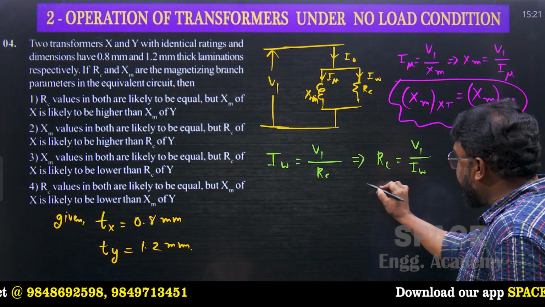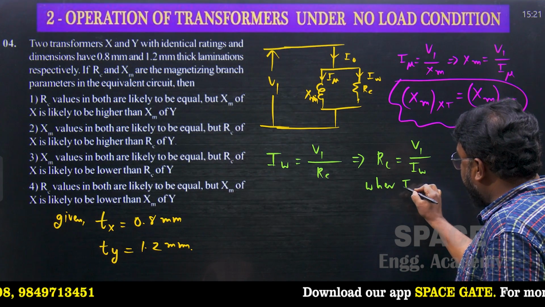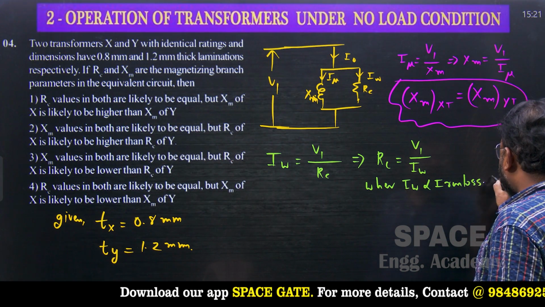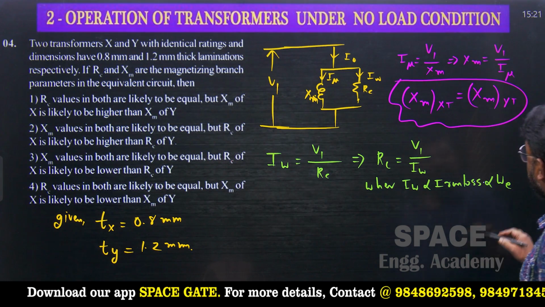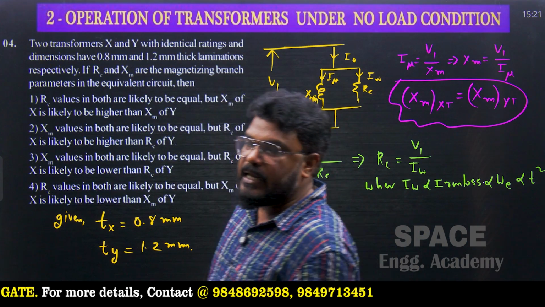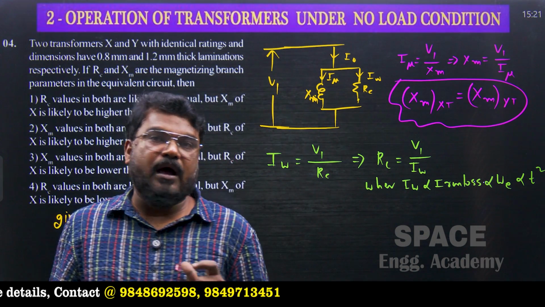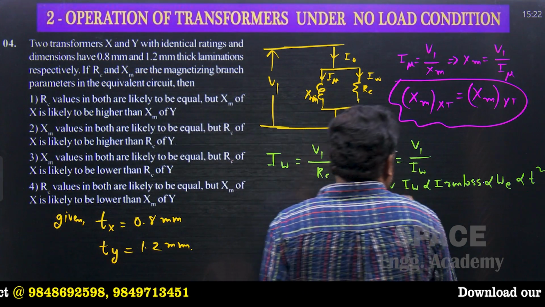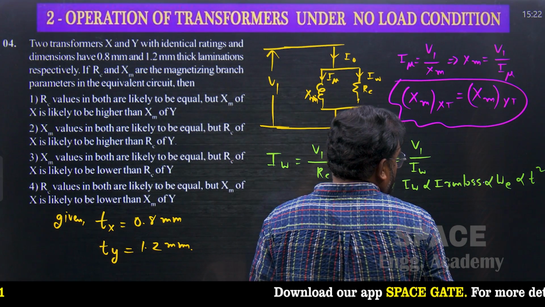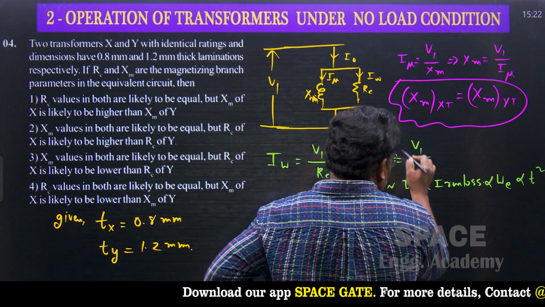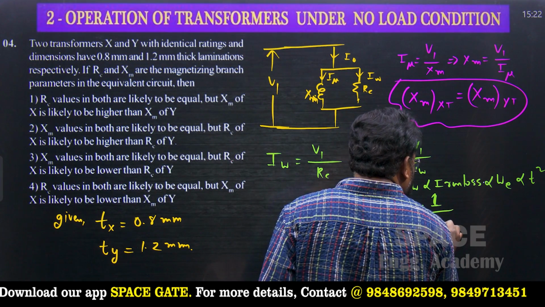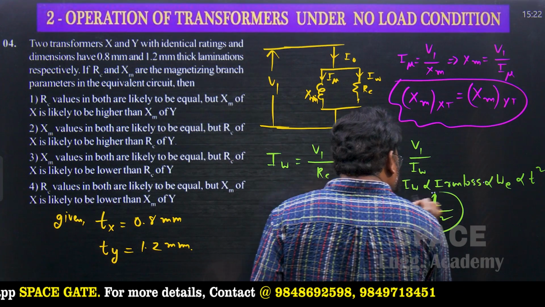Here IW is directly proportional to iron losses, and iron loss is directly proportional to eddy current loss, which is directly proportional to the square of the thickness of lamination. So RC is inversely proportional to the square of the thickness of laminations.